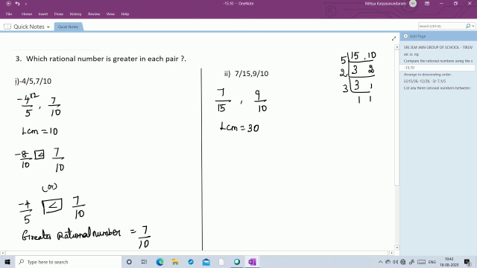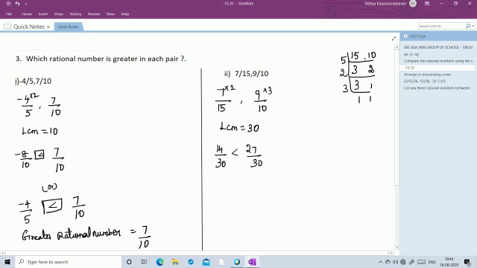Here we have the denominator 15, by which number if you multiply you will get 30? 15 2s are 30. For 9 by 10, it is 3. If you multiply, you will get 10 3s are 30. So 7 2s are 14 by 30, and 27 by 30. Which is greater? We changed the denominator to 30.